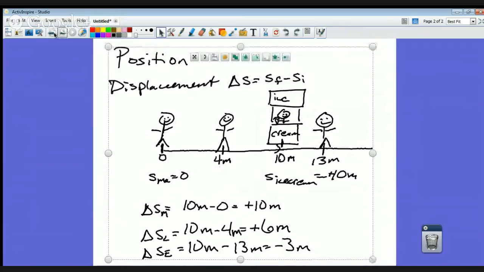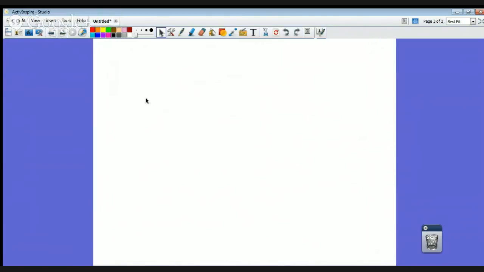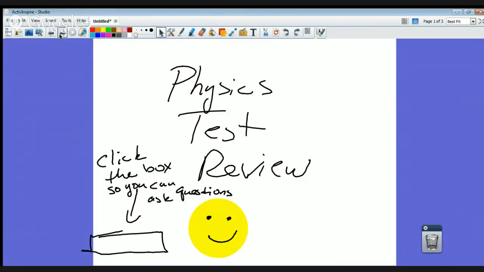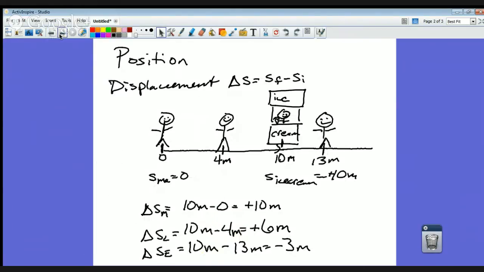The really nice thing with the software, and I'm really looking forward to getting my board fixed so I can use it in class, is that I can copy and paste whole pages, and then I go back and the original page is still there. All right, that was page 1. The original stuff is still back on the other page, so I can make some changes here.